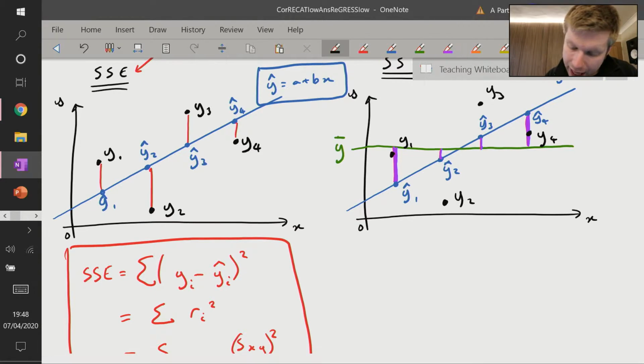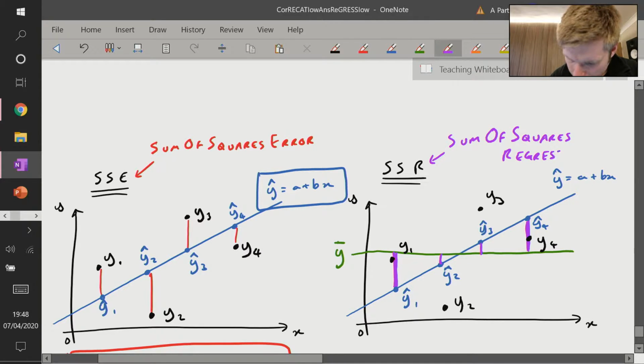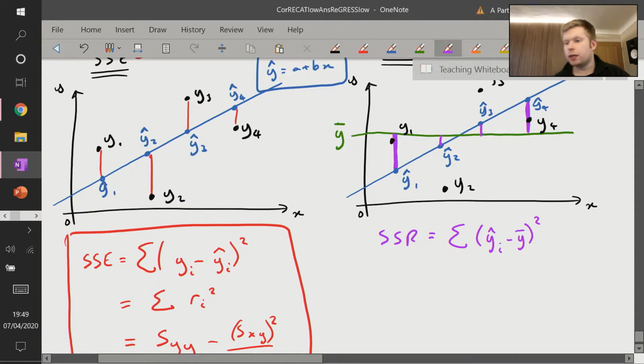So in other words, I can say that SSR, which I'm calling the sum of the squares regression, is given by looking at the squared difference, because I want them all to be positive, between my estimated value, y hat, and my mean value, y bar.